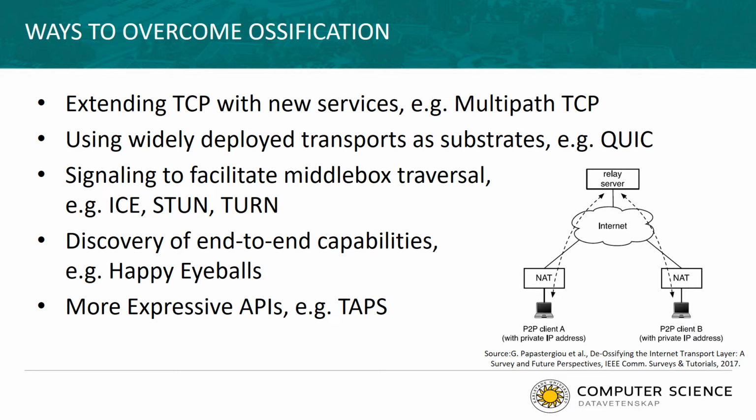And within the TAPS architecture, it also tries to facilitate some of these other mechanisms so that you provide a more flexible API for the applications that run on top, and you also provide some of the other services that are needed to combat ossification. So the transport system can provide you with a fallback between different protocols, for instance.